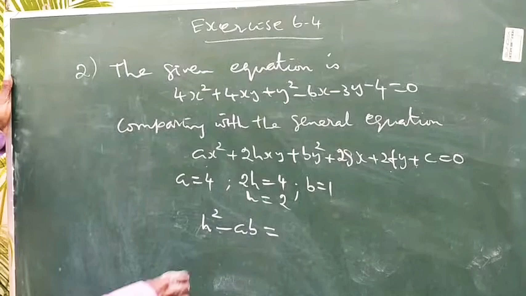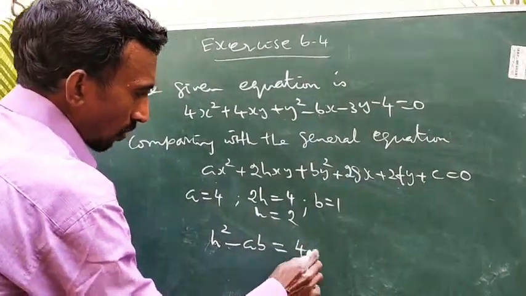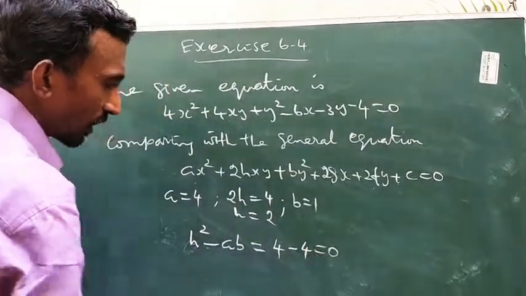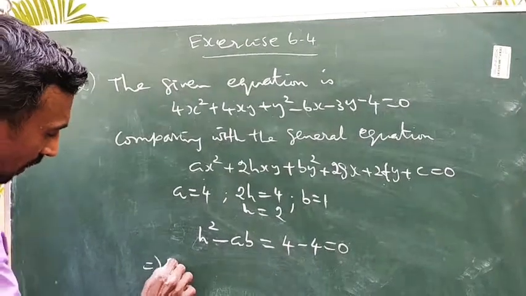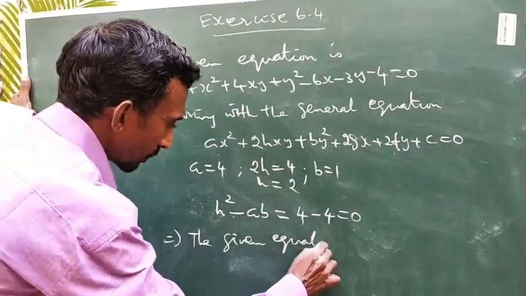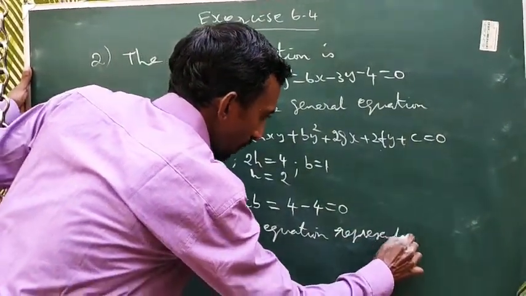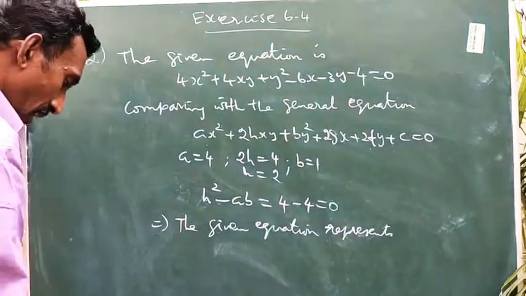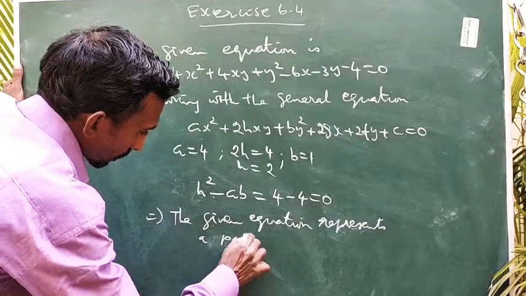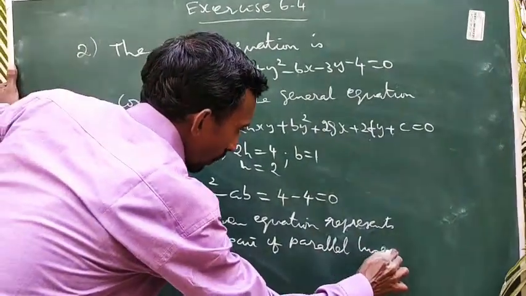So h square minus ab, so 4 minus 4, 4 into 1 is 4, which is equal to 0, which implies the given equation represents a pair of parallel lines.